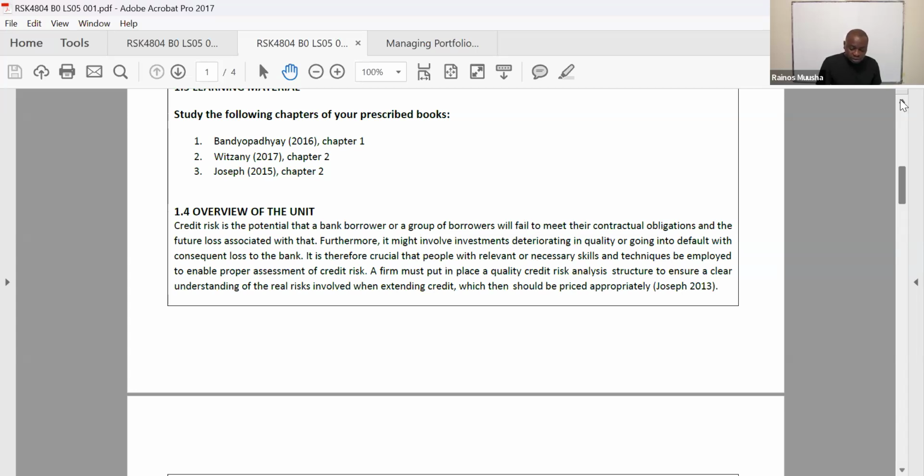It is therefore crucial that people with relevant or necessary skills and techniques be employed to enable proper assessment of credit risk. A firm must put in place a quality credit risk analysis structure to ensure a clear understanding of the real risk involved when extending credit, which then should be priced appropriately.